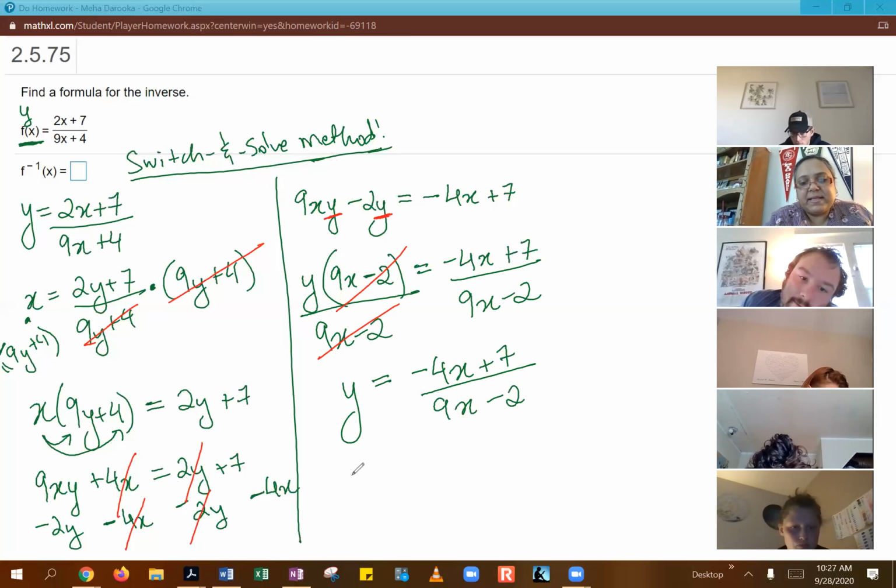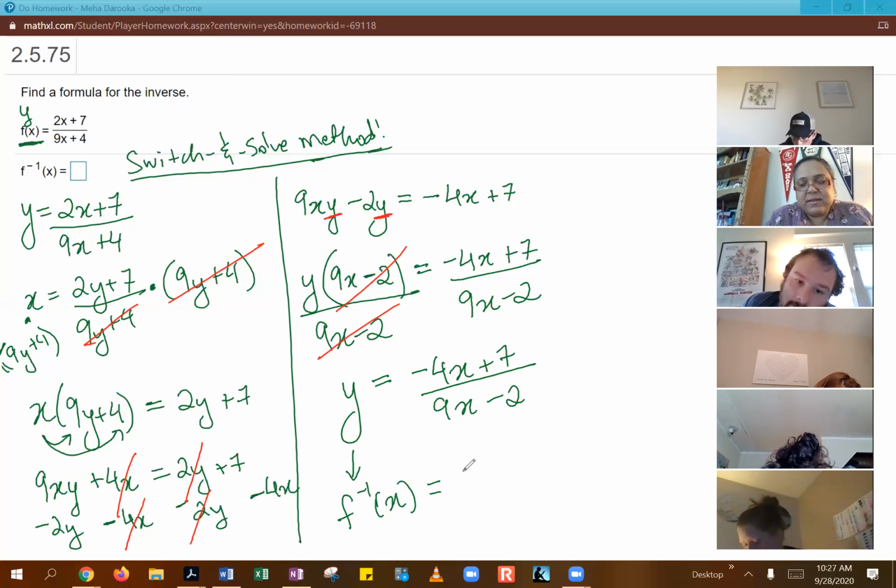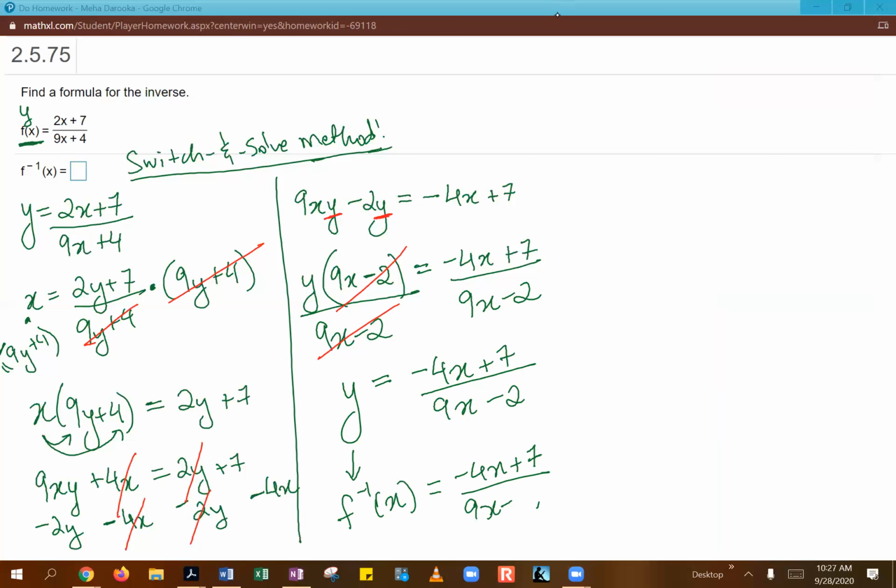And then replace that y with your inverse notation. So that would become f inverse of x equals minus 4x plus 7 divided by 9x minus 2. And this is kind of what I was talking about.